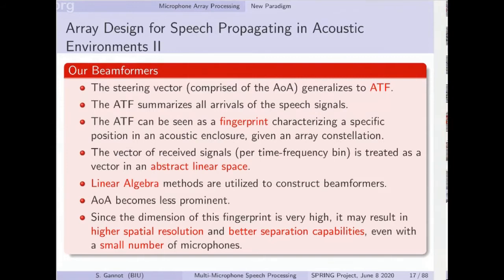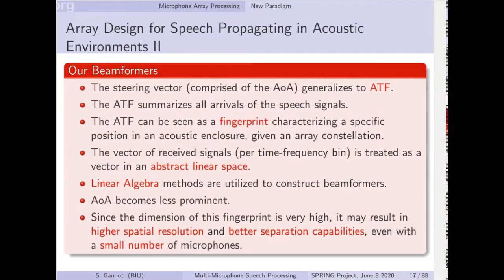This acoustic transfer function summarizes all the arrivals, or at least the major part of them, and we treat them as a fingerprint that characterizes the specific position. This fingerprint is very specific to any position, and this is why we can have much better resolution if we use these fingerprints rather than angle of arrival.